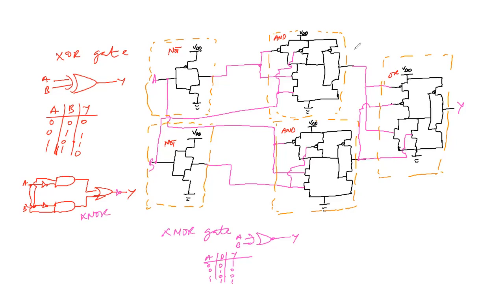So having gotten this design, all we now need to do for the XNOR, for instance, is to interface with the NOT gate, right?